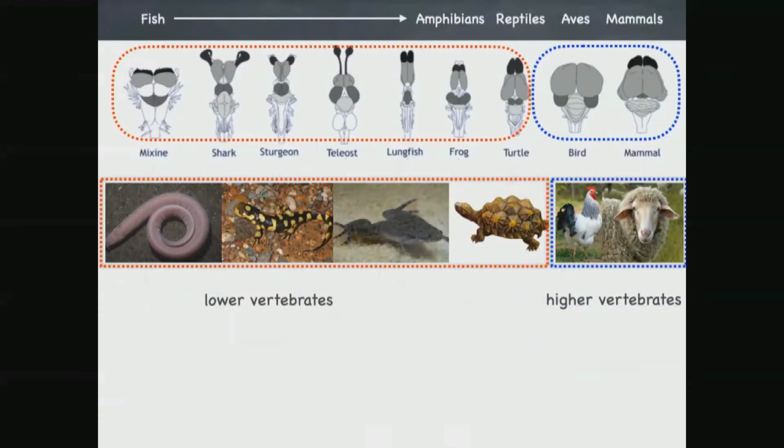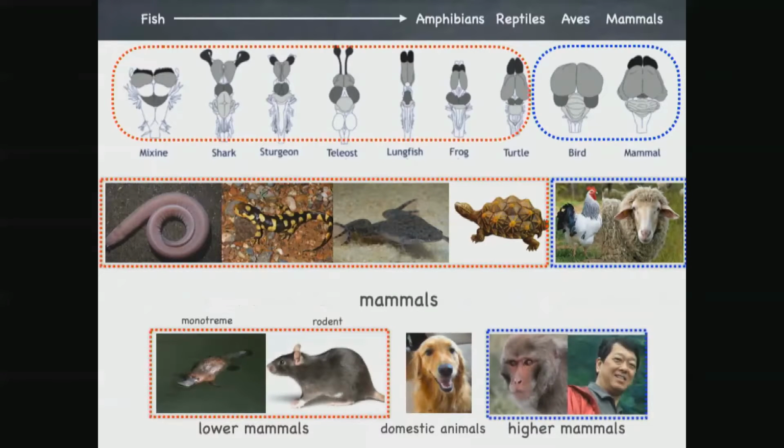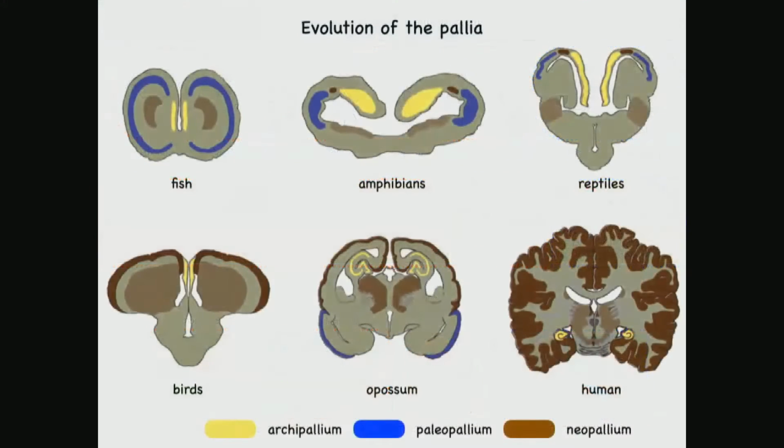In the higher vertebrates, mammals, including humans, I'd also like to divide higher mammals and lower mammals. And domestic animals are located in between these mammals. If you look at the hemispheres and neopallium, you'll find a large neopallium in humans and also birds.